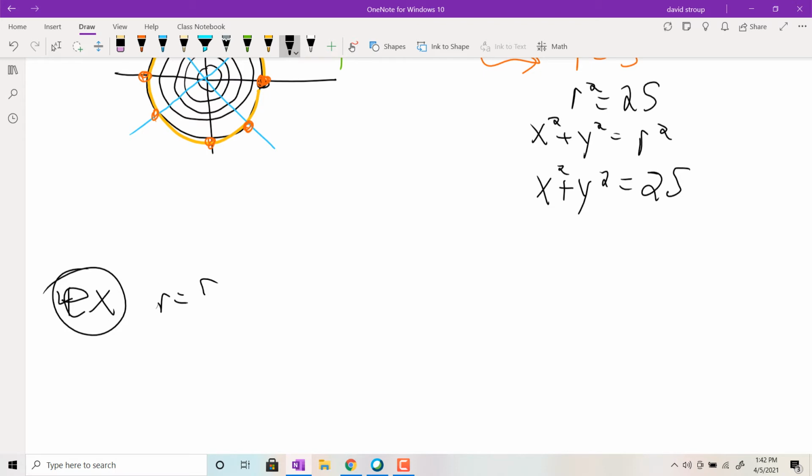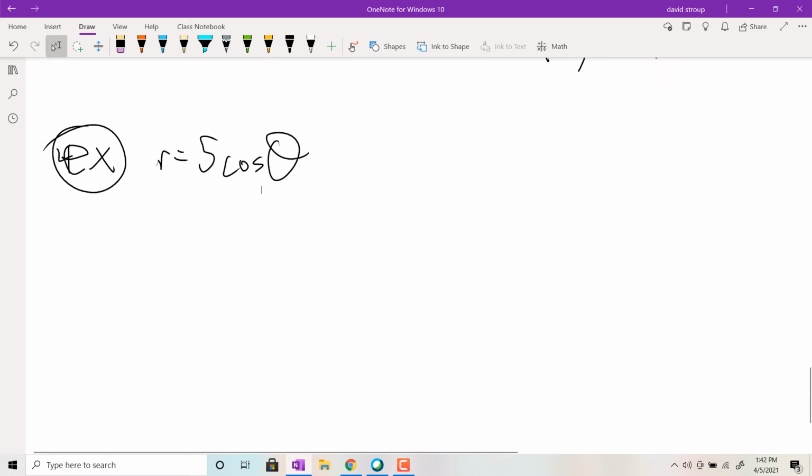And they look like this. R equals usually some diameter value times cosine theta or sine theta. You could go through and classify all the polar curves as different types. Sometimes it's useful to do that. We don't have as much time as we did in trig, though.